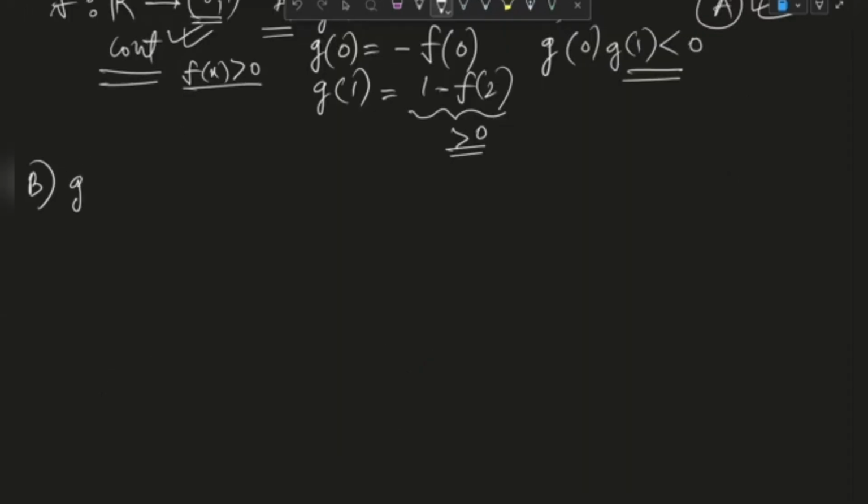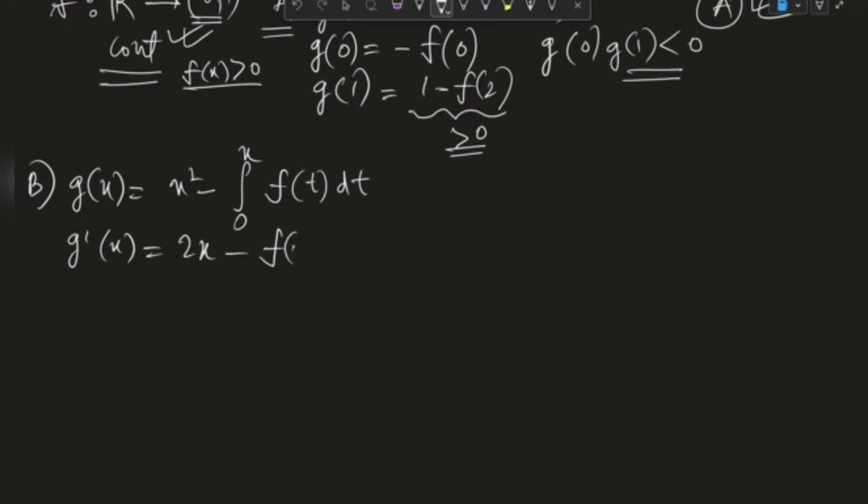So for our option number B, we have g(x) as x square minus integral 0 to x f of t dt. If we find g dash x, this will come out to be 2x minus f of x. Now if you put 0 here, it is obviously 0, and integral 0 to 0 will also be 0, so g of 0 is 0.